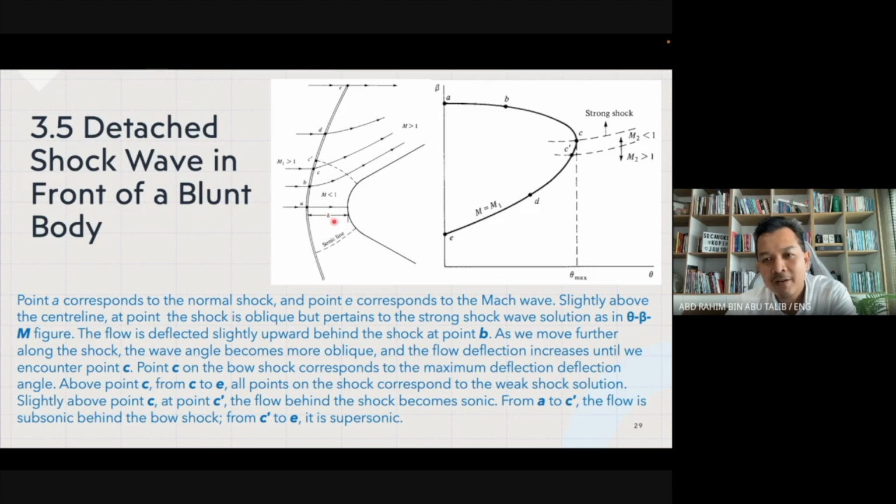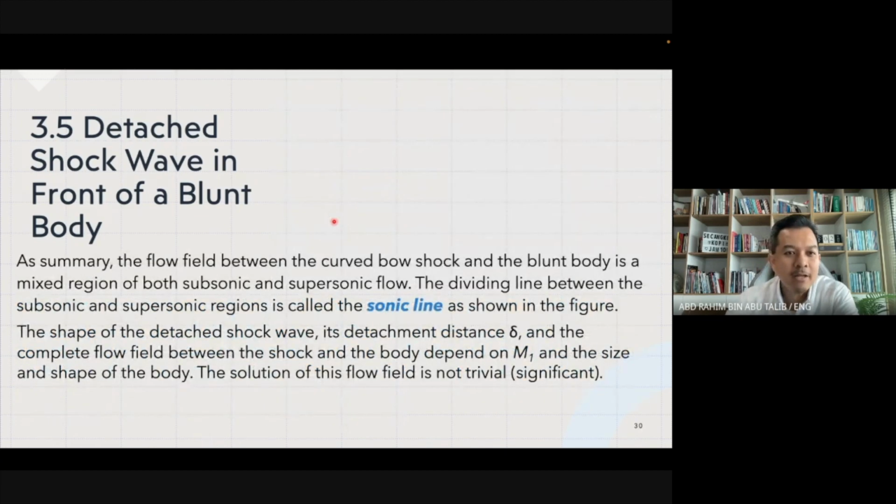As a summary, the flow field between the curved bow shock and the blunt body is a mixed region of both subsonic and supersonic flow. The dividing line between the subsonic and supersonic region is called the sonic line, as shown in the figure we looked at just now.